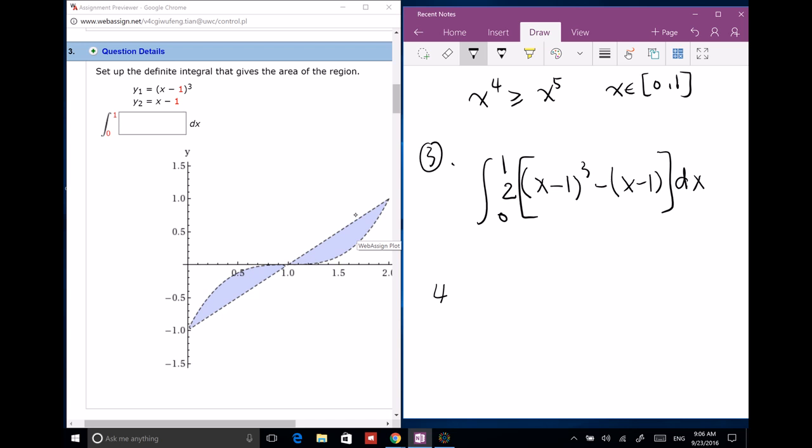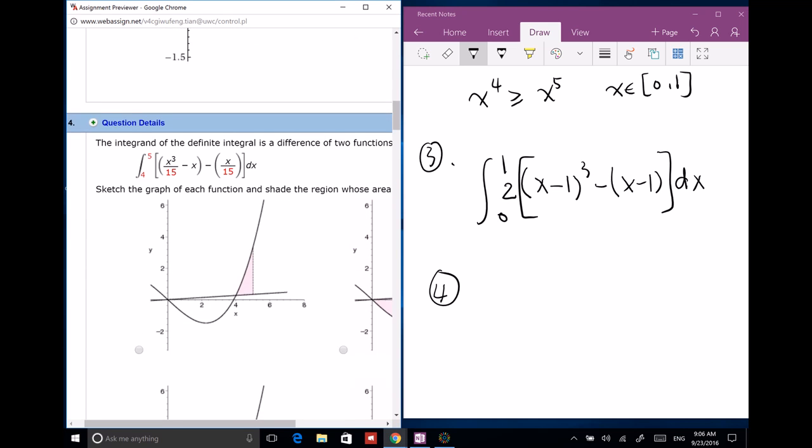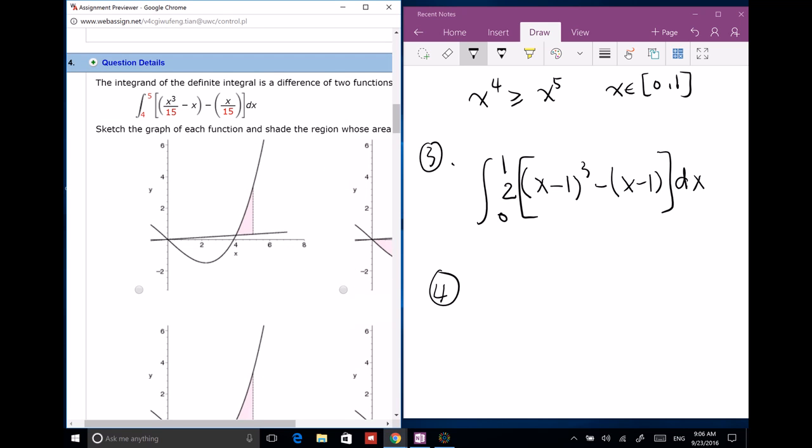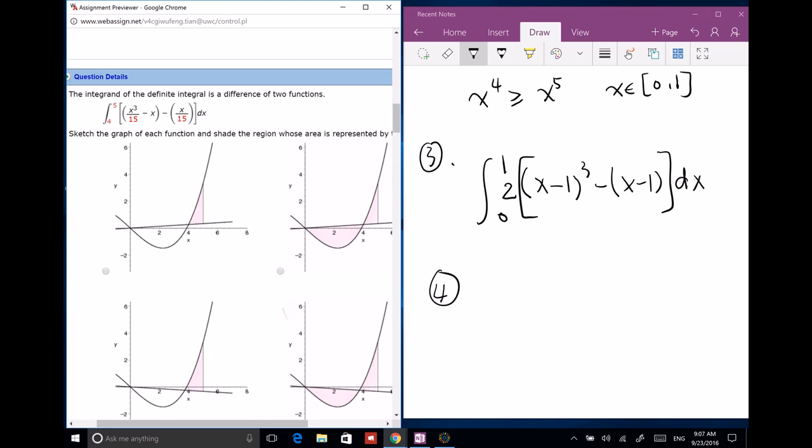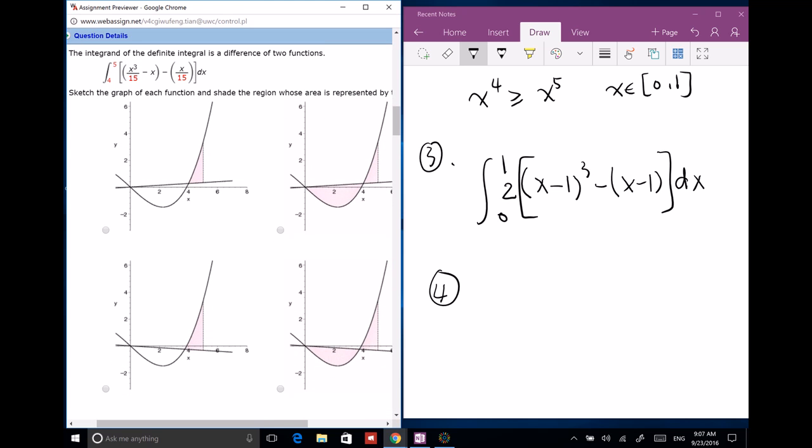Let's continue with number 4. Integral from 4 to 5 of x cubed over 15 minus the integral from 4 to 5 of x cubed over 15 minus x over 15 dx.